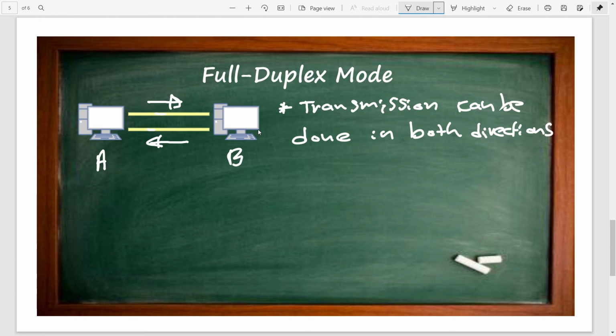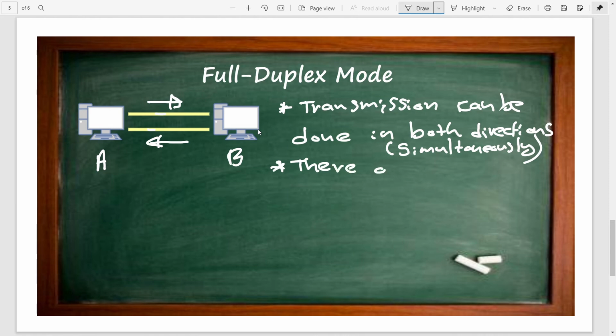There are two simplex channels, and we have to add something: both directions simultaneously. It is the most important thing. Transmission can be done in both directions simultaneously.